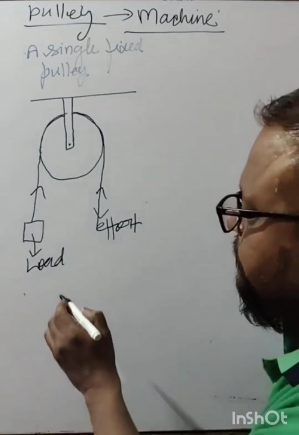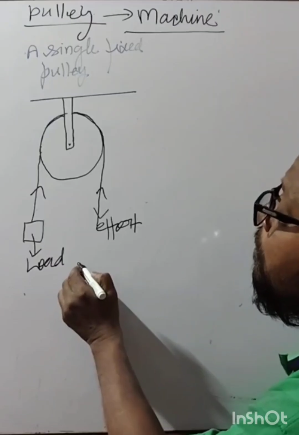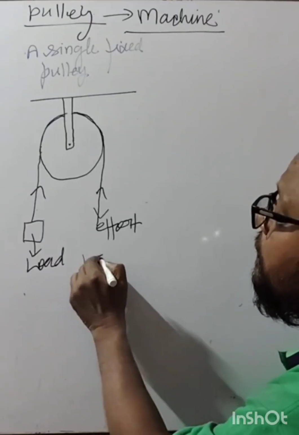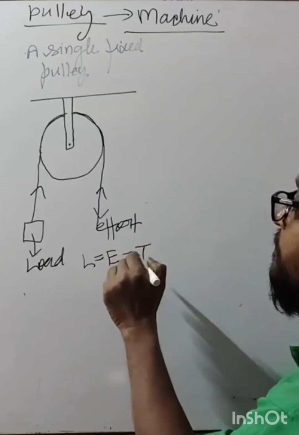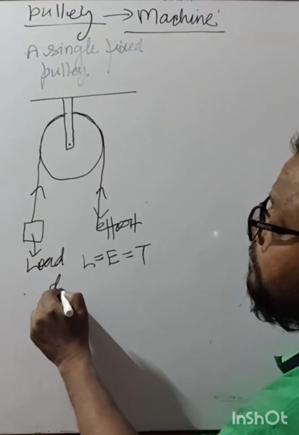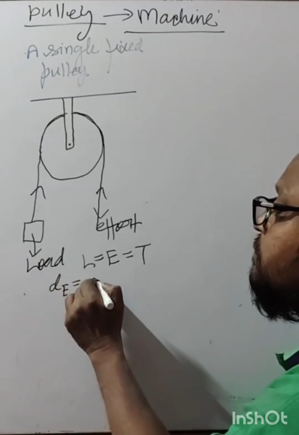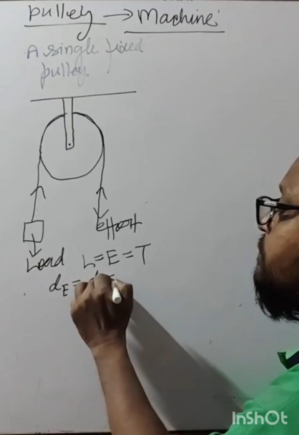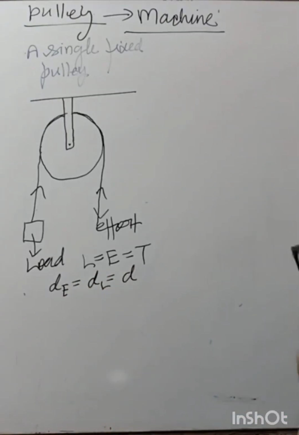So load is equal to effort is equal to T, and effort arm is equal to load arm is equal to D, right?